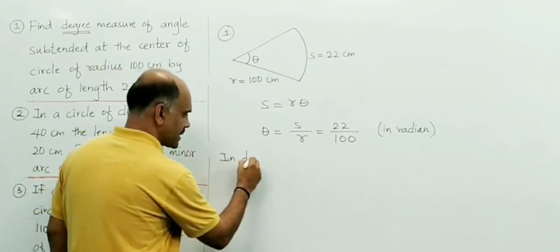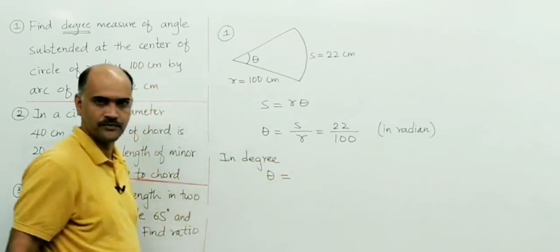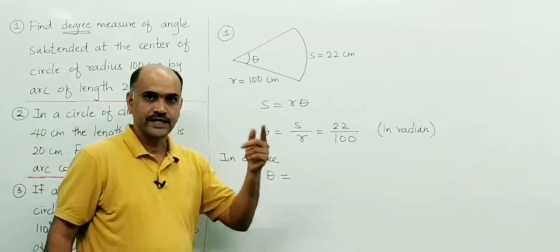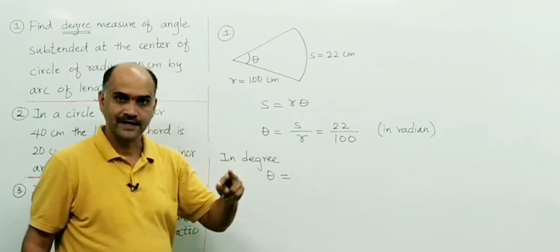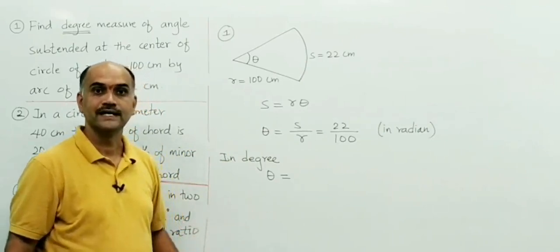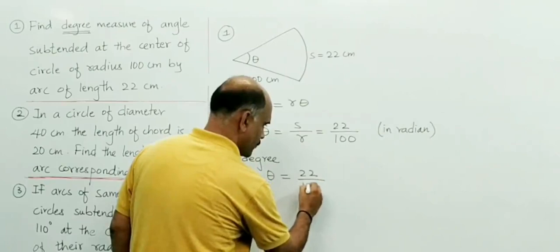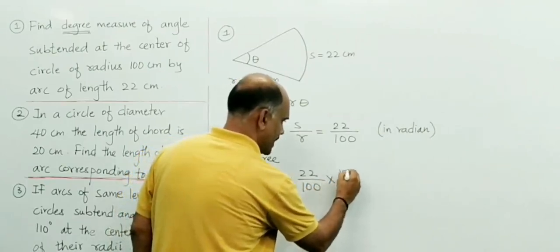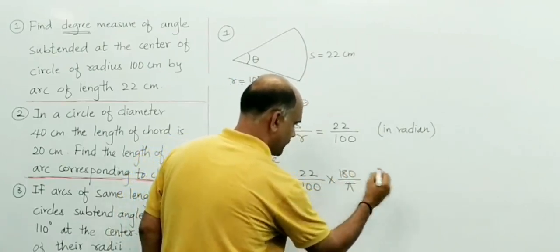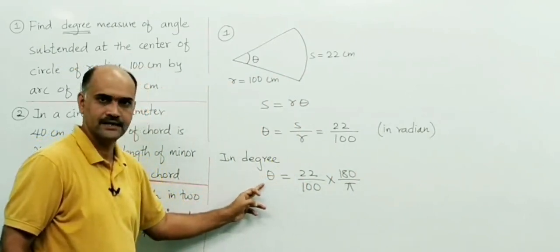So in degree, theta will be equal to... While converting to radian we multiply by pi by 180. So for degree you are required to multiply by 180 by pi. So 22 by 100 into 180 divided by pi. If you simplify this, you will have theta in degree.